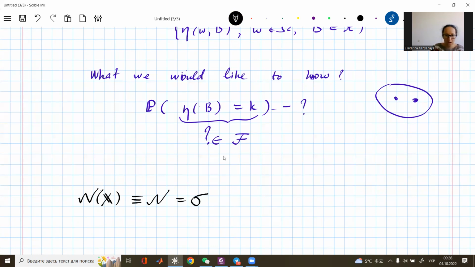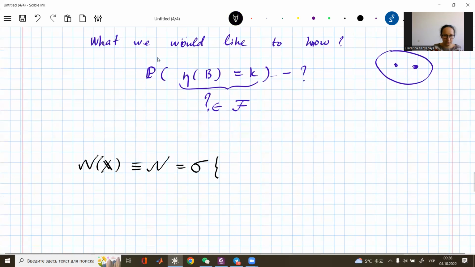I will write: the smallest sigma algebra that contains these sets of measures, all measures mu from the set of measures such that mu(B) is equal to k.